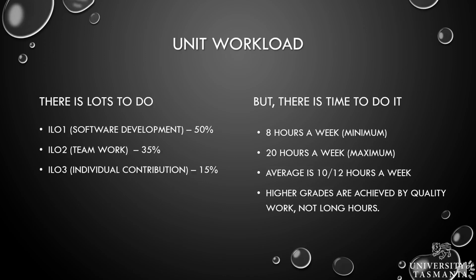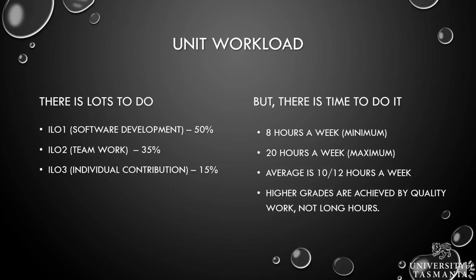So the software development ILO, so ILO 1, is actually going to be weighted at 50%. So the development of the technical artifact and the final product is now very heavily weighted when it was less so in first semester. Teamwork is massively important to getting this project finalized, and so your capacity to work effectively as a member of a team and bring useful insights to that team and do active work and participate strongly is very, very important.